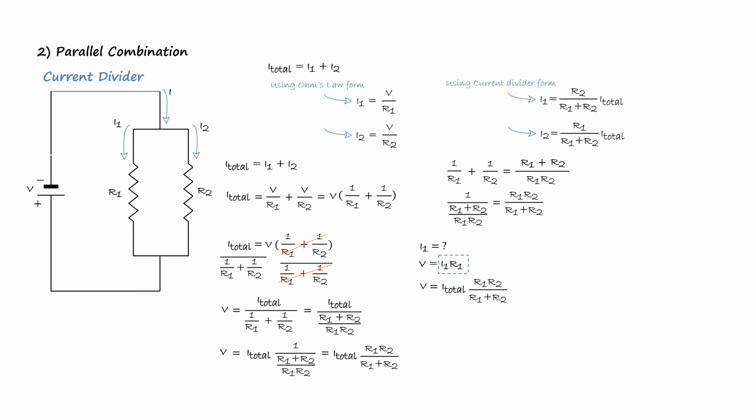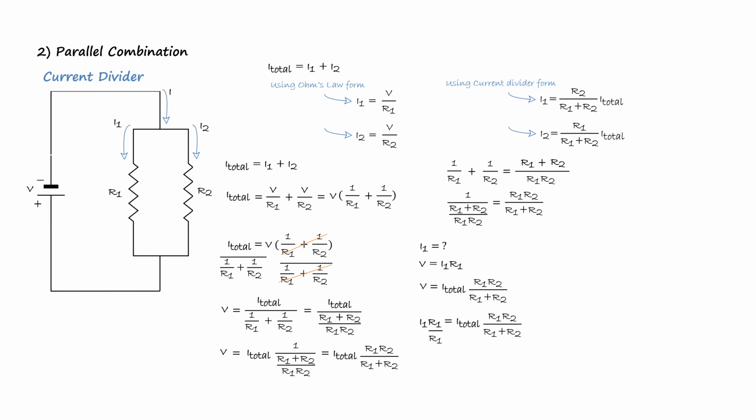Then we substitute this in place of V. And after we substitute, I1 times R1 is equal to I total times R1 times R2 over R1 plus R2.